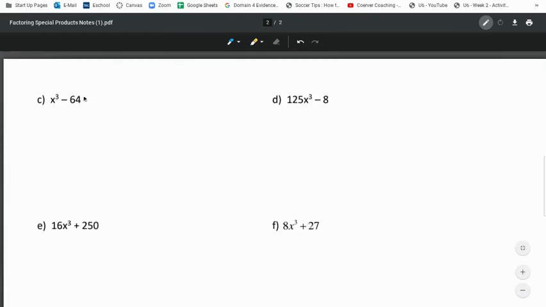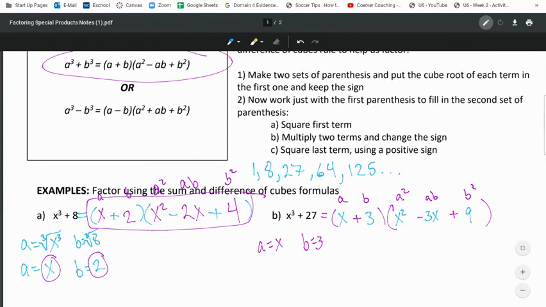Now again, I see two terms. I think special. I see a minus sign. 64 is a cube and also a perfect square, but this cube tells me I'm going to have the difference of two perfect cubes because it's cubed, not squared. So again, I'm going to have two sets of parentheses. This time, based on this formula, I'm using the difference of cubes.